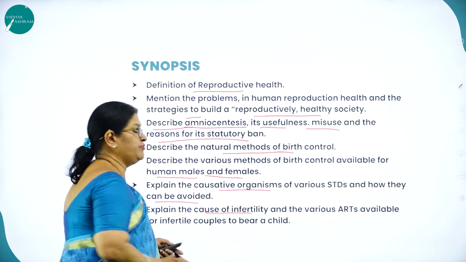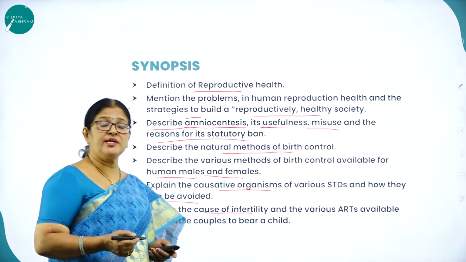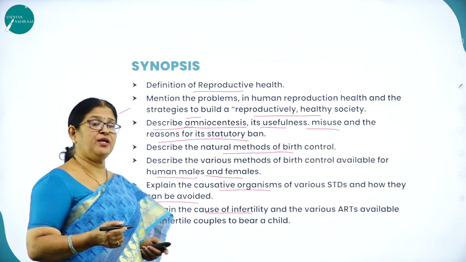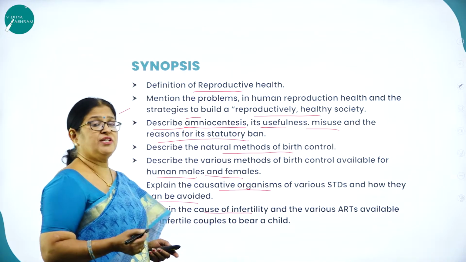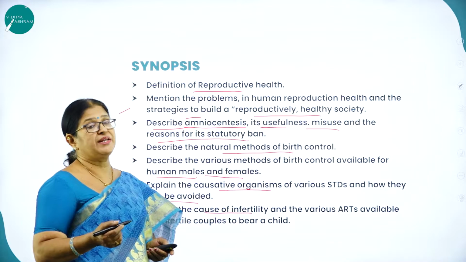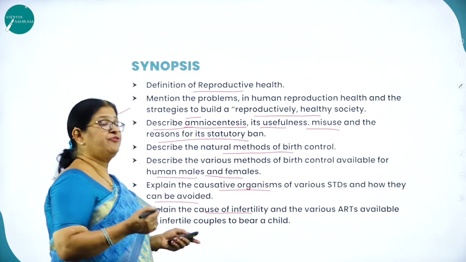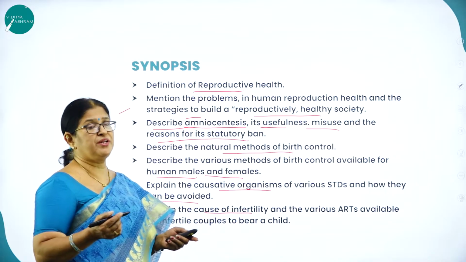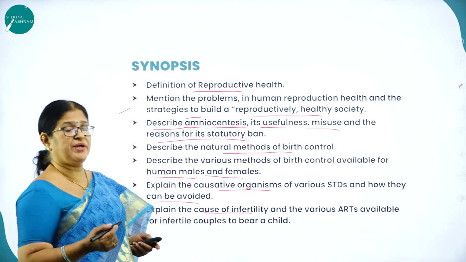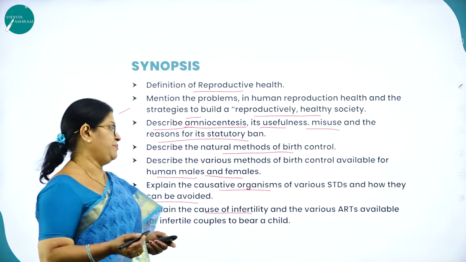Explain the causes of infertility. There are various reasons for a female or a male to be infertile. So what is infertility? Inability to bear a child or incapability to have a child. There are various reasons, may it be defects in the male, or maybe defects in the female.